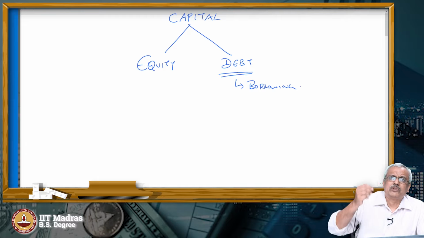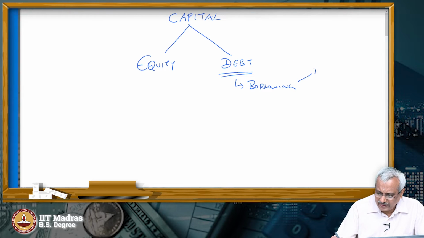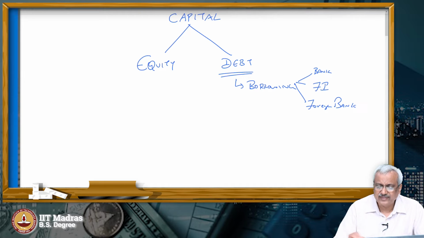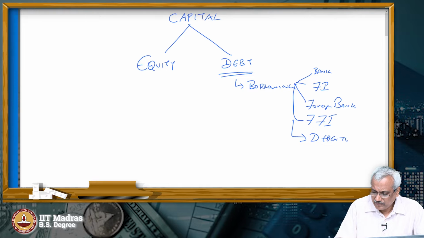It can be from multiple sources. You can borrow from a bank, I can borrow from a financial institution, I can borrow from a foreign bank, I can borrow from a foreign financial institution, I can borrow from the public in the form of debentures, and so on and so forth.